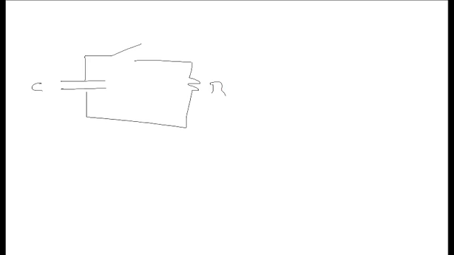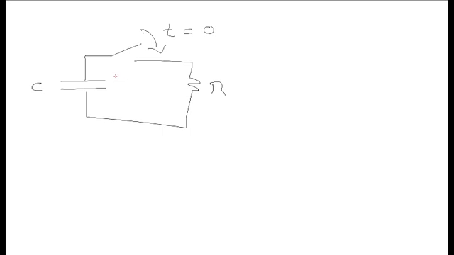So, what circuit is it that we're looking at? Here's a capacitor, there's a switch, and a resistor. Typically, the switch closes, and usually that's at time t equals 0, although it doesn't have to be.